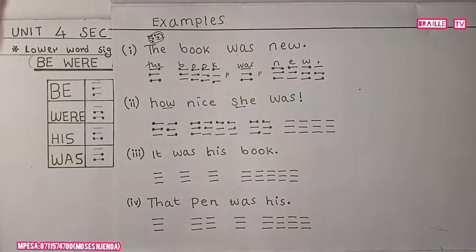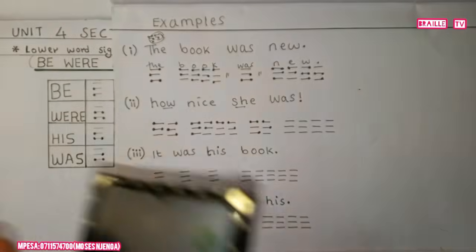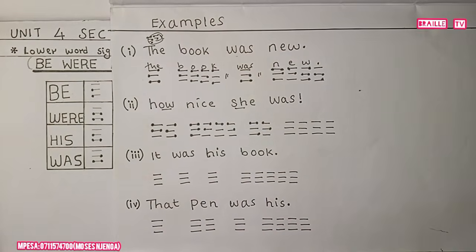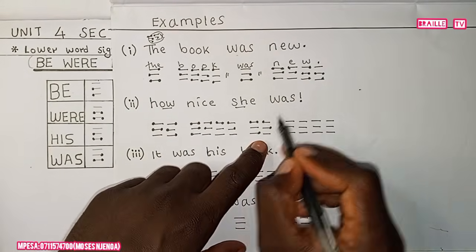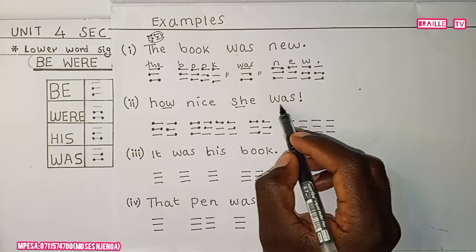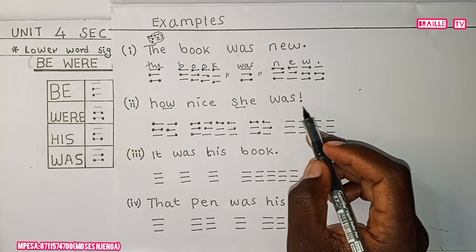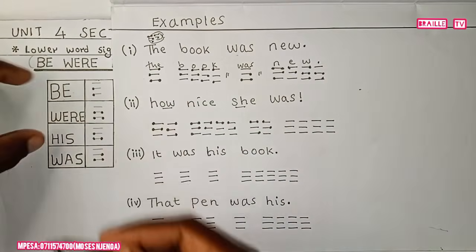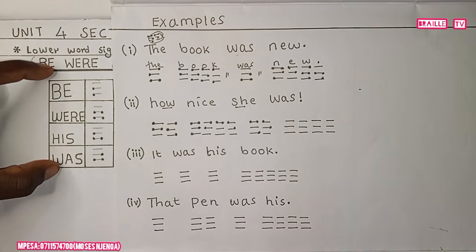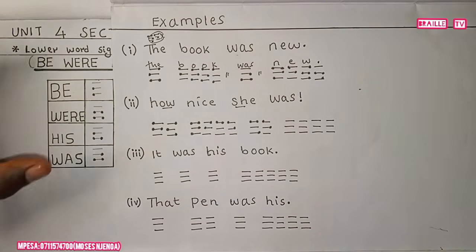To contract. Okay, we are saying she, you contract like that, and then was. Now we are here, saying was, be, were, his, was. These word signs, you contract them when they are standing alone.